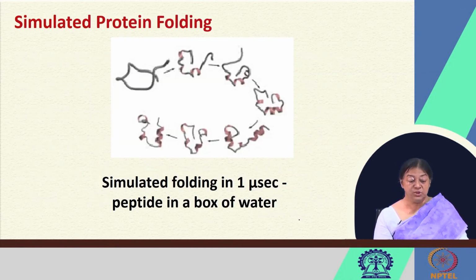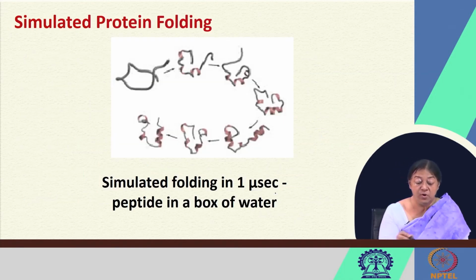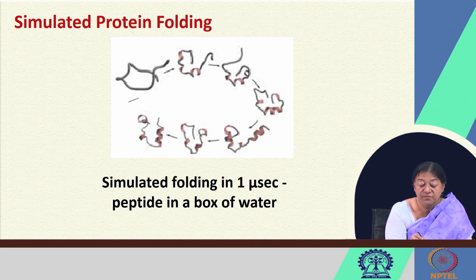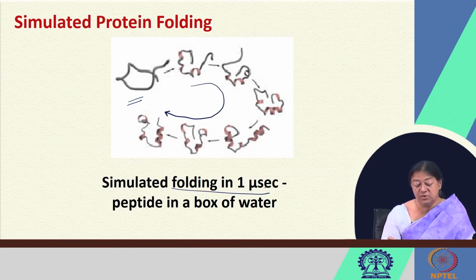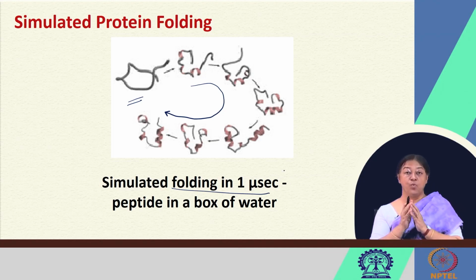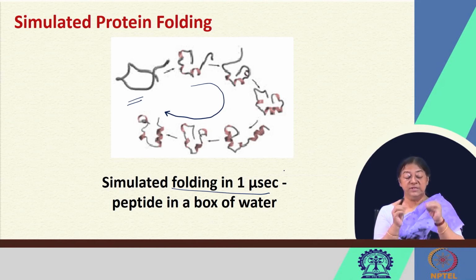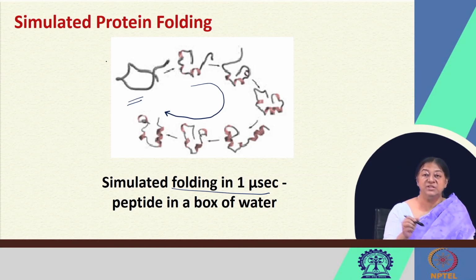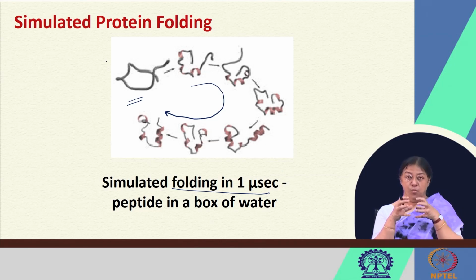So, if we look at the simulated protein folding, where we have an unfolded structure that gradually folds into a folded structure in 1 microsecond, in a peptide in a box of water. The box of water means that we put this unfolded polypeptide chain in the water.